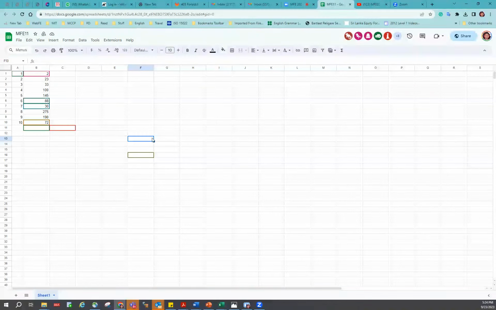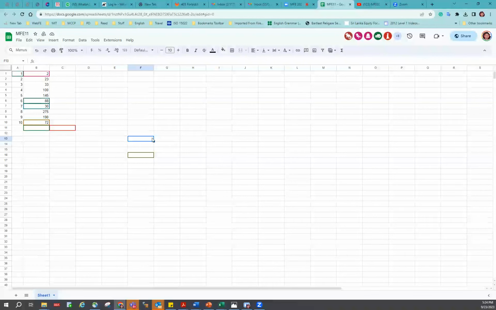Now we can calculate the average value. First, you can get the sum, meaning the summation of these values. It is 958.